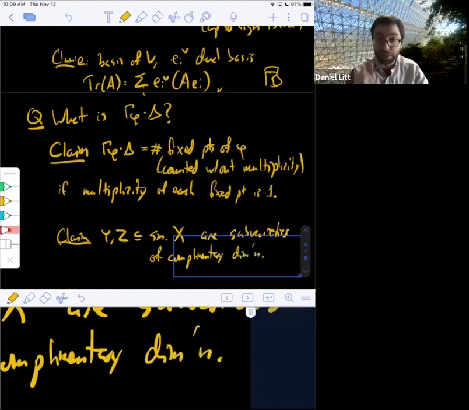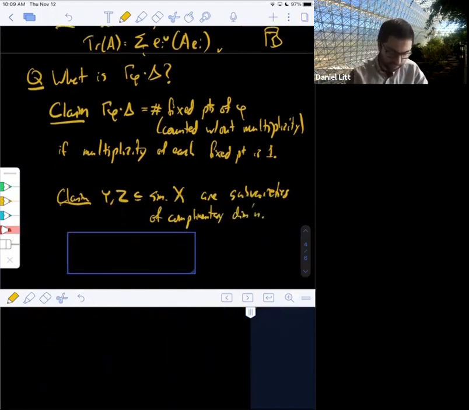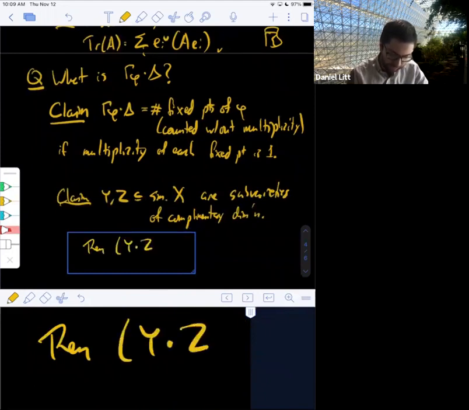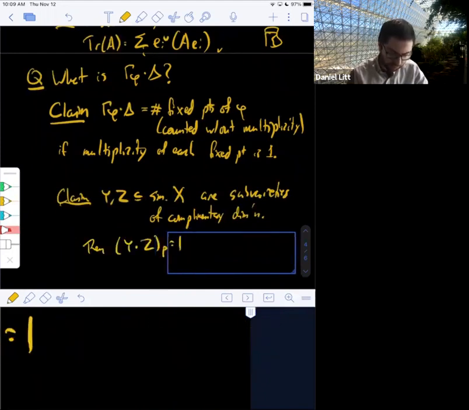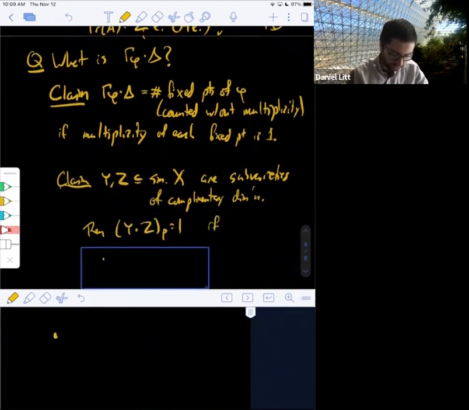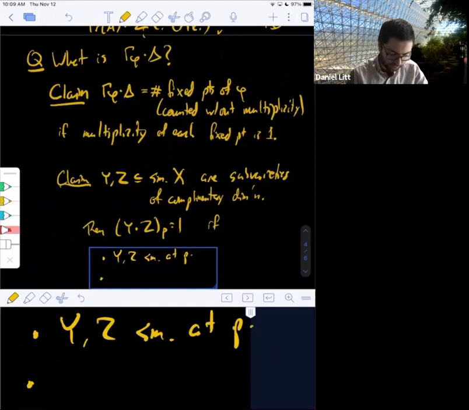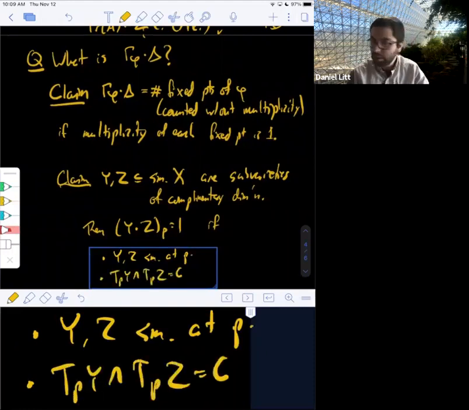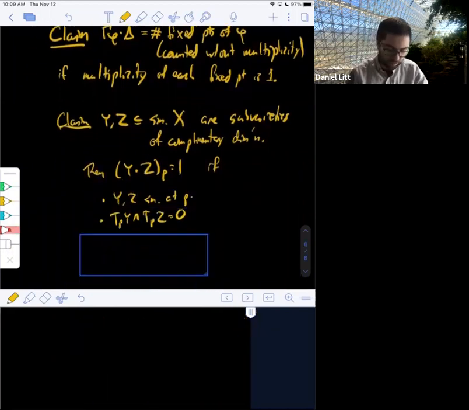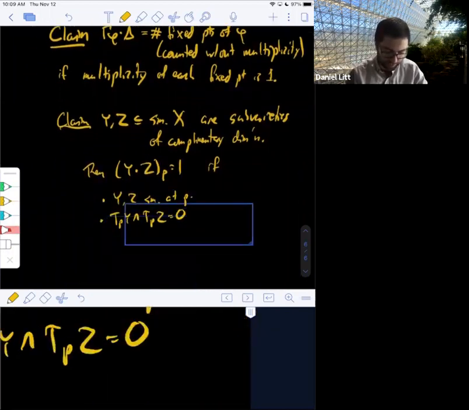So that means the sum of their codimensions is the dimension of X. Then the multiplicity of Y dot Z at P is 1 if the following three things are true. First of all, Y and Z are smooth at P. Second of all, the tangent space of Y intersect with the tangent space of Z is 0. And that's actually it. That's all you need.